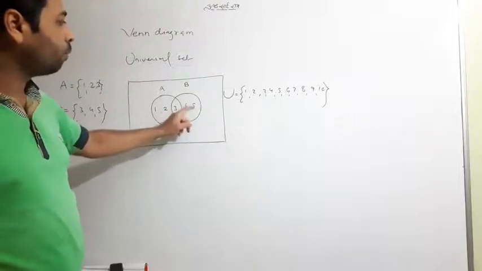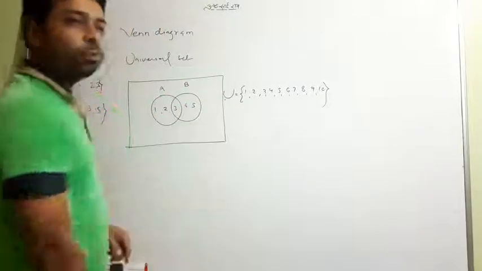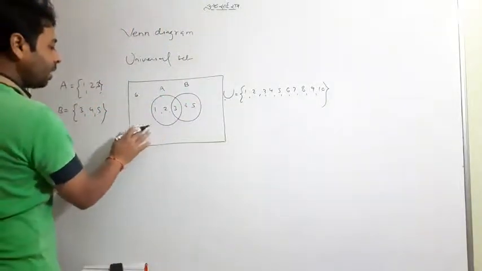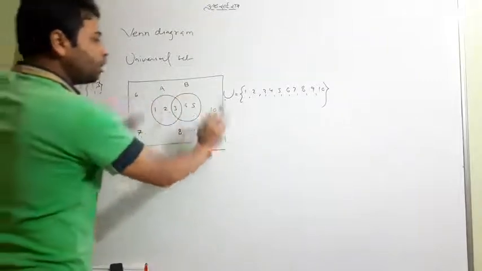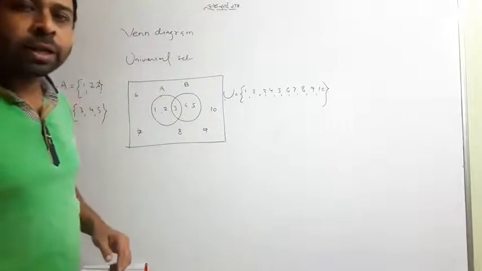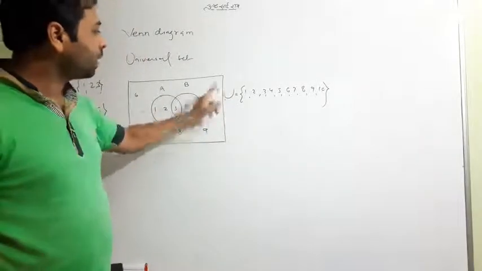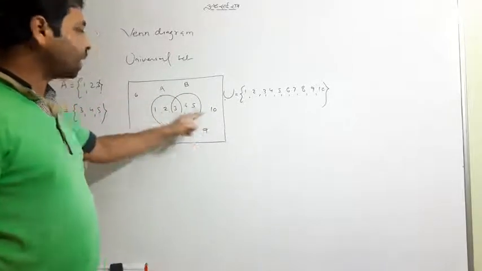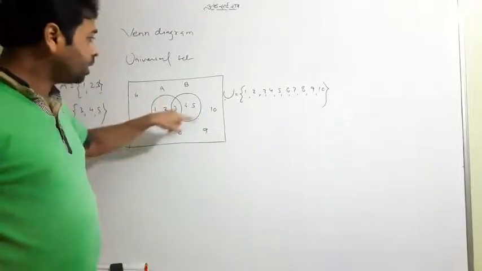1, 2, 3, 4, 5 and 6, 7, 8, 9, 10 are also part of U. You can write 6, 7, 8, 9, 10 anywhere. The picture clearly shows each and every thing. U is a universal set, where all the elements are there till 10, and these are two sets.